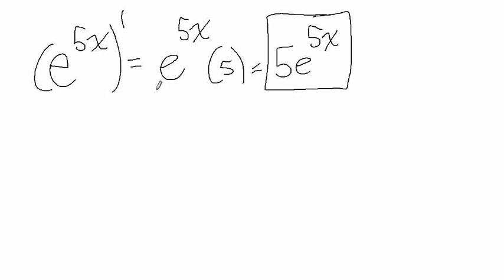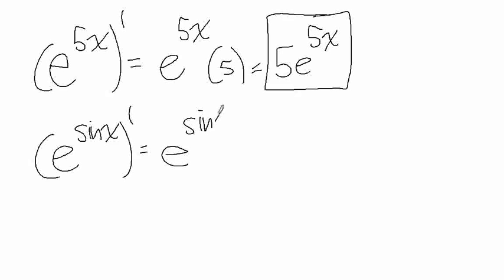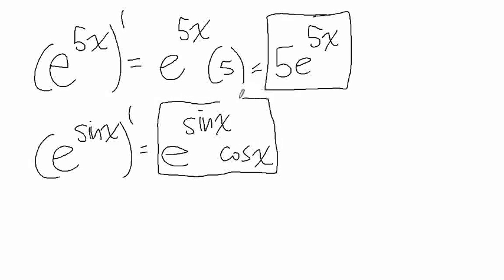What about the derivative of e to the sine of x? Using the chain rule again, e to the sine x times the derivative of the sine of x. And so there you go.